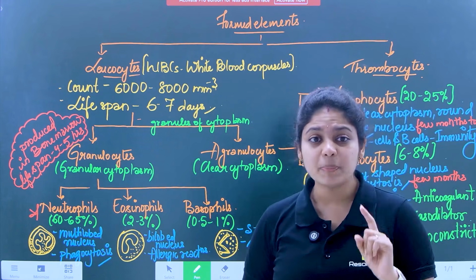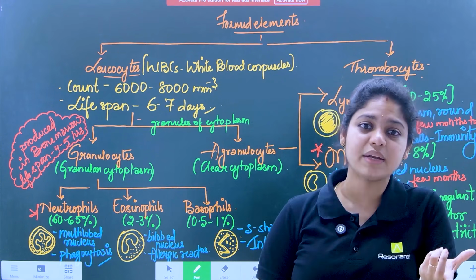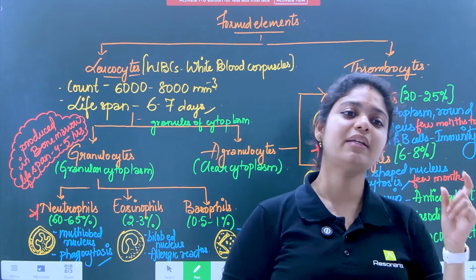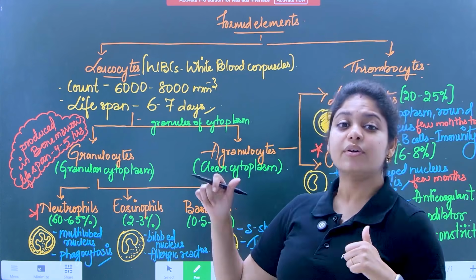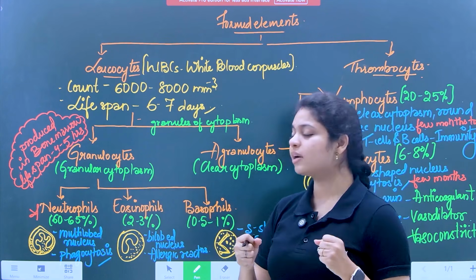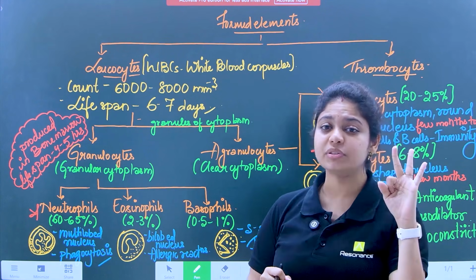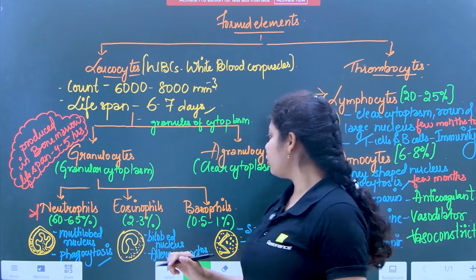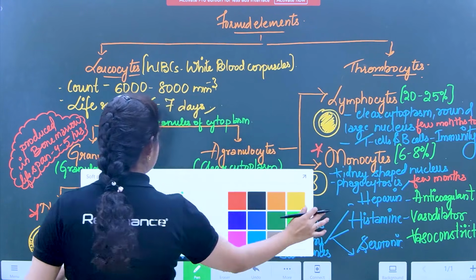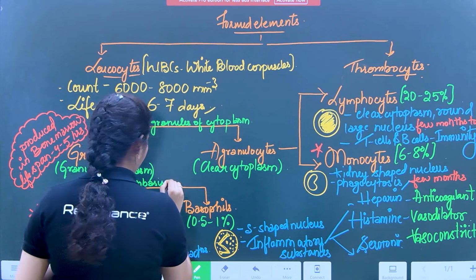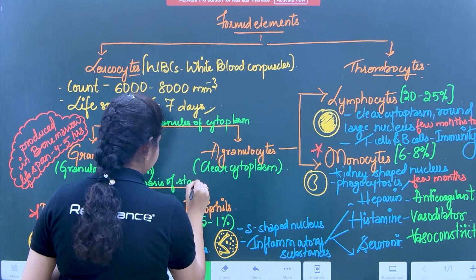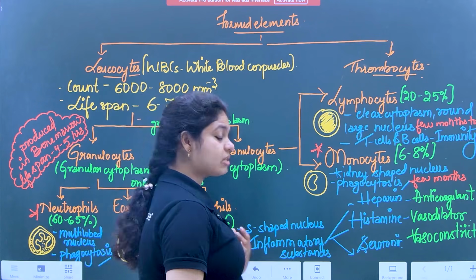Based on the cytoplasm, whether it has granules or not, it can be classified into granulocytes and agranulocytes. Granulocytes have granular cytoplasm, which can be further classified into three on the basis of stain.